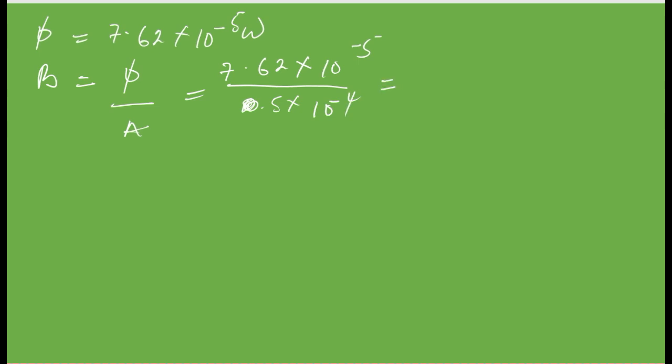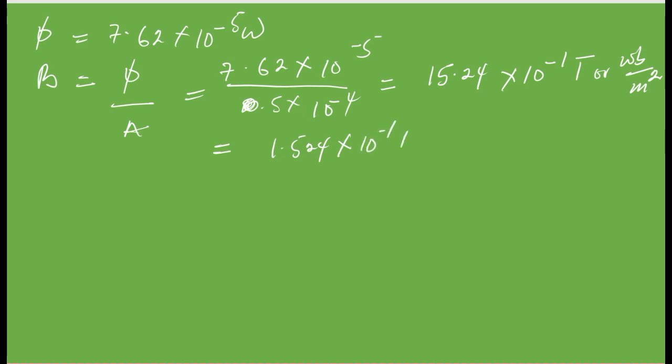From my calculator, this is equal to 15.24 times 10 raised to the power minus 1 Tesla. Or the unit, you can take the unit to be the same thing as Weber per meter squared. Now I can write it simply as 1.524 times 10 raised to the power minus 1 Tesla.